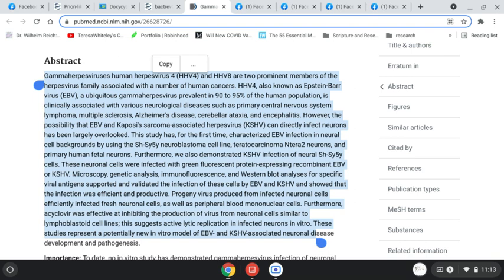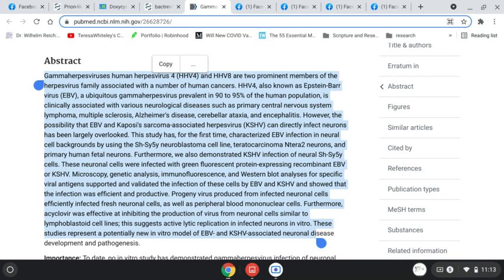Furthermore, acyclovir was effective at inhibiting the production of virus from neuronal cells, similar to lymphoblastoid cell lines. This suggests active lytic replication in infected neurons in vitro. These studies represent a potentially new in vitro model of Epstein-Barr virus and KSHV-associated neuronal disease development and pathogenesis.